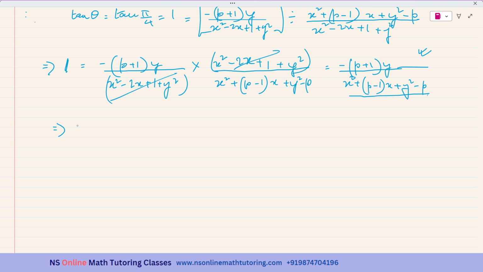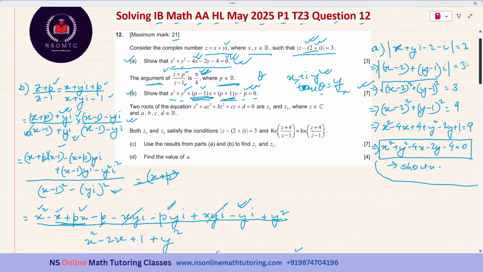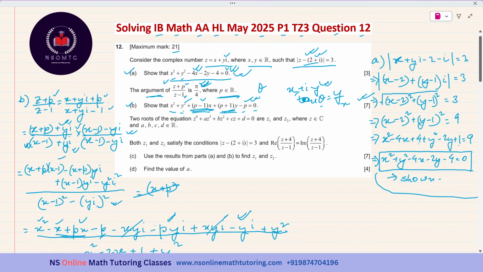Okay. So I get x square plus p minus 1 x plus y square minus p is equal to minus p plus 1 y. Okay. Or x square, how did they write the terms? X square, then y square, then x, and then y.